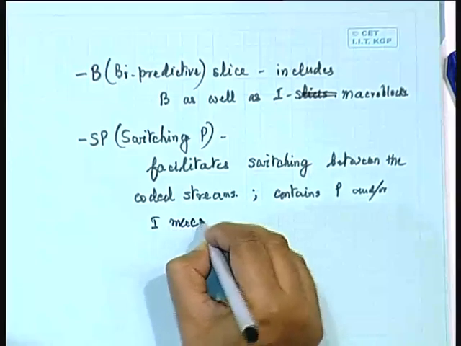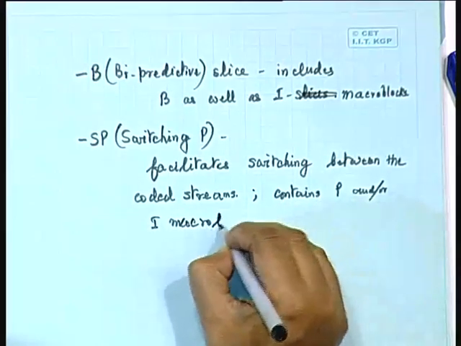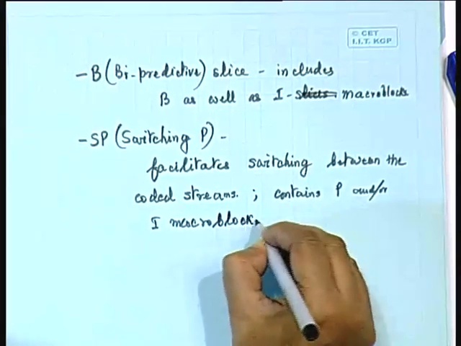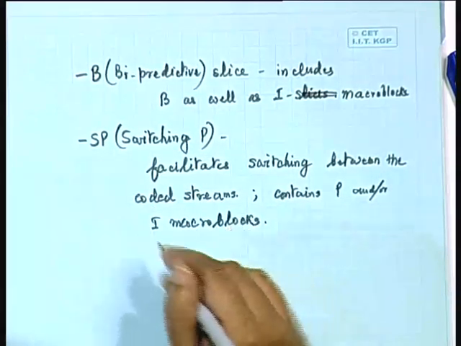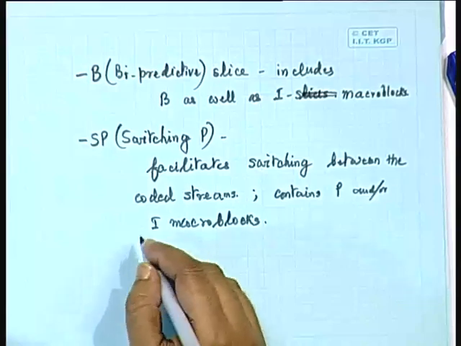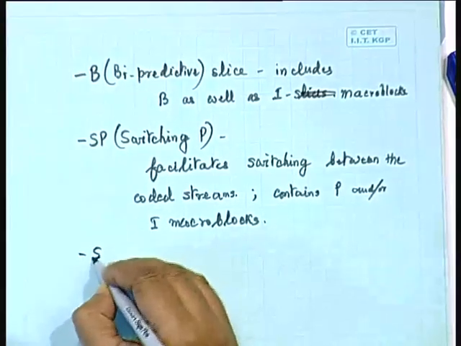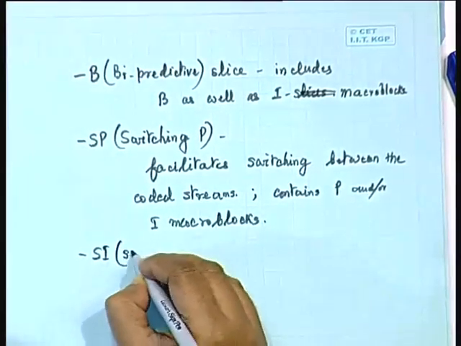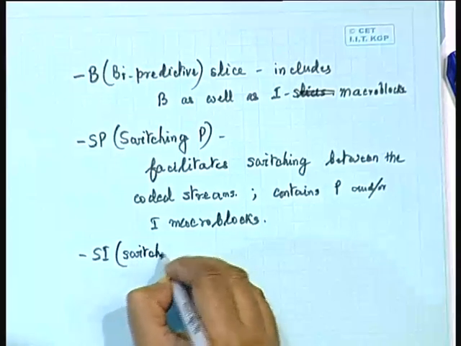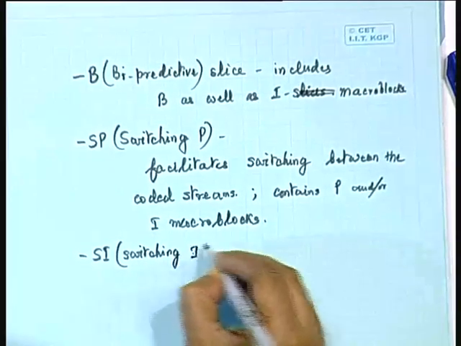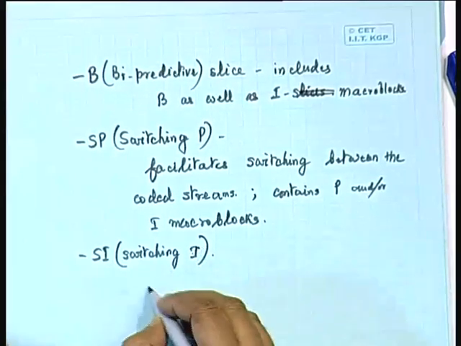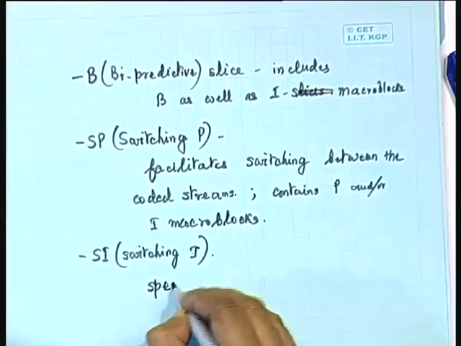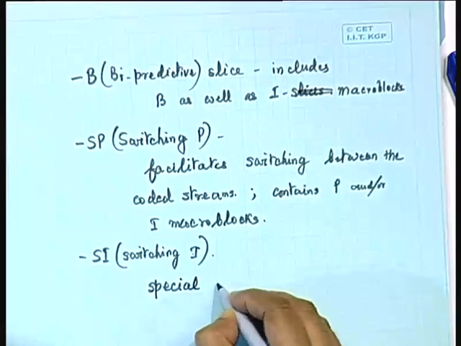And these two coded streams can be switched in the SP or the switching P mode. And there is yet another mode which is called the SI or the switching I. And in fact, it consists of a special type of intra-coded macro blocks.